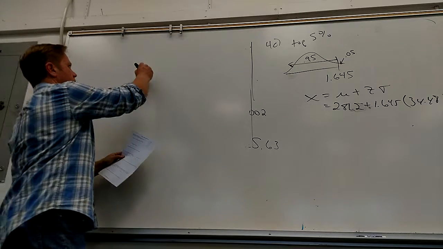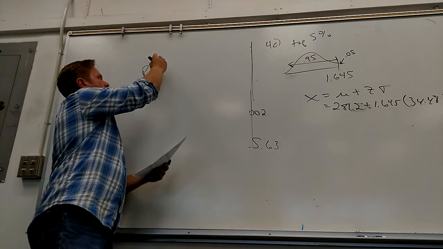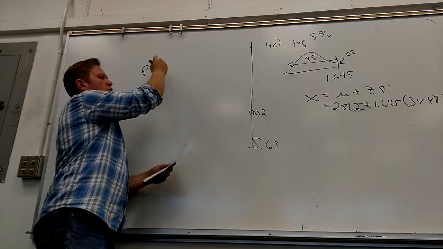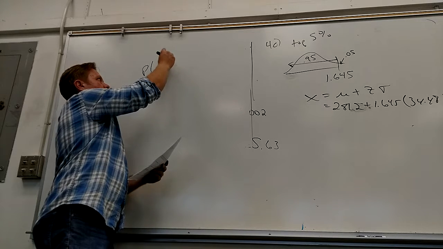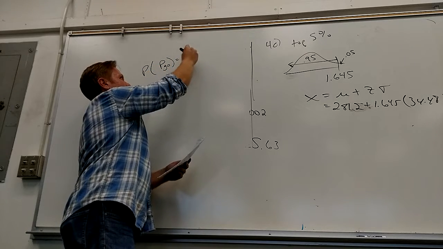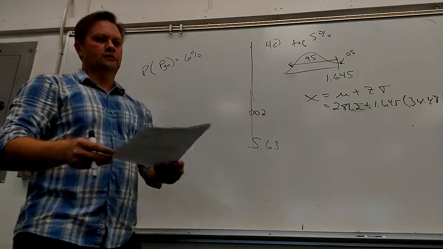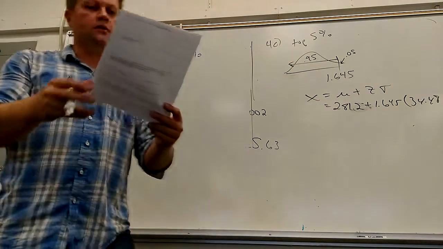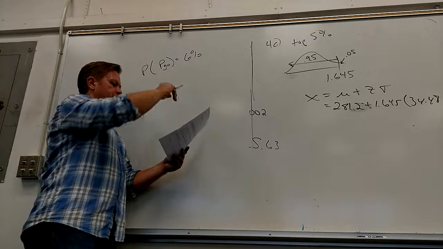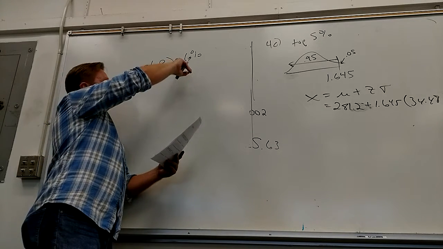So let me ask you this. If the probability that somebody still plays Pokemon Go is, let's say, 6%, right? So he's out there still trying to find a whatever, I don't know, Charizard or something.